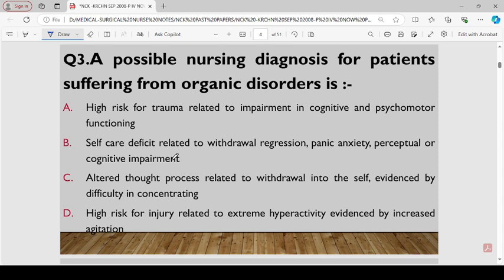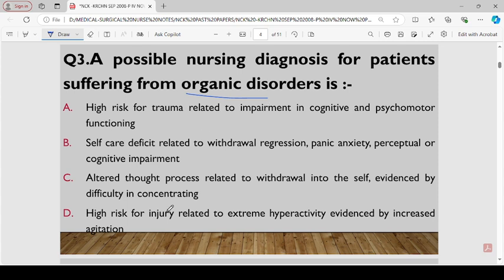Question number 3. A possible nursing diagnosis for patients suffering from organic disorders. Remember, organic disorders tend to address cognitive and psychomotor impairments. Looking at our options, maybe starting with option D, high risk of injury related to extreme hyperactivity.